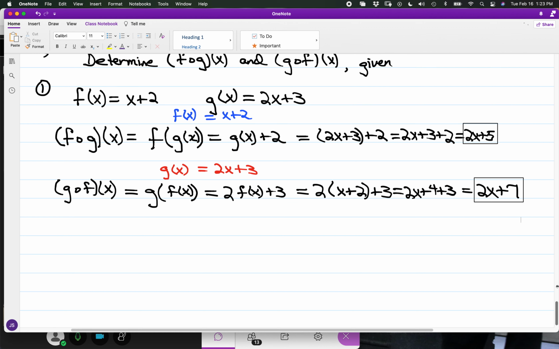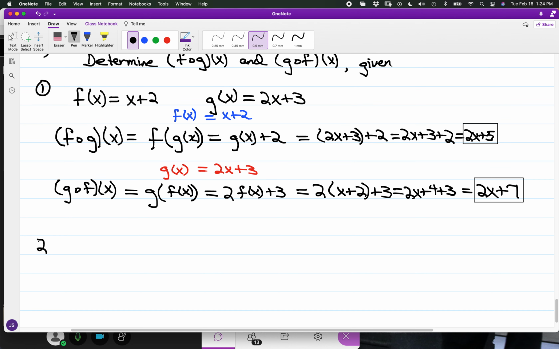And let's say that we're looking at compositions, and in this one we'll say that f of x is equal to a quadratic function, x squared minus 3. And g of x is 2x plus 1.